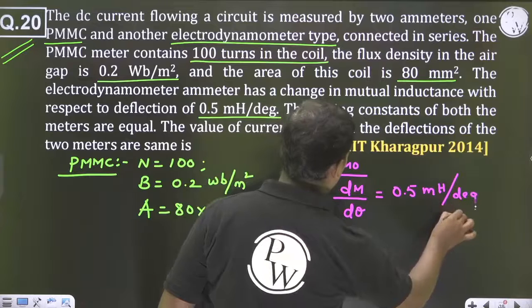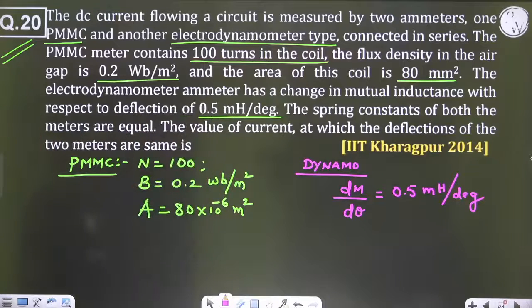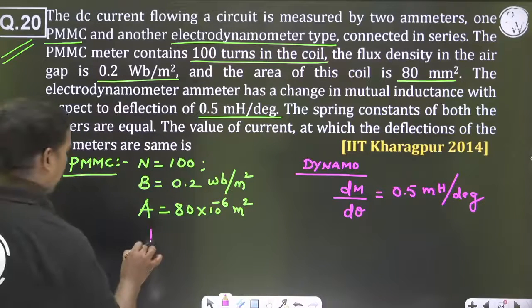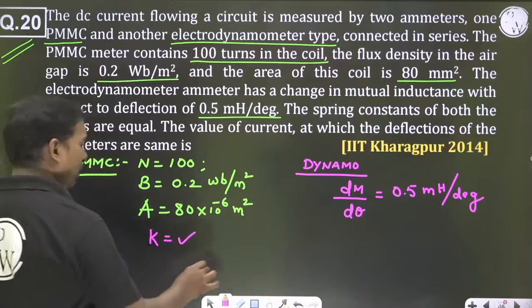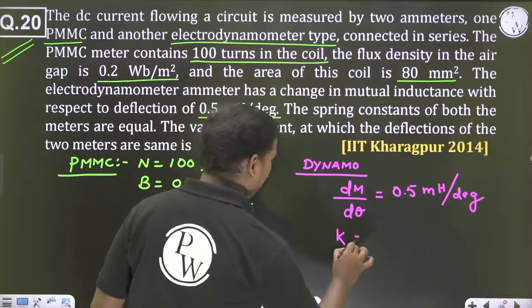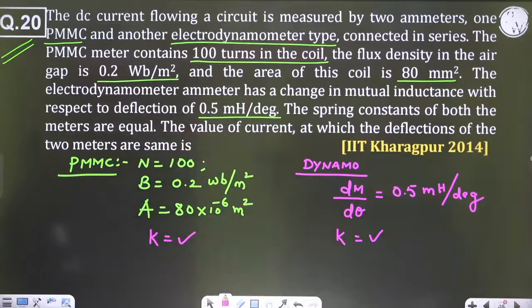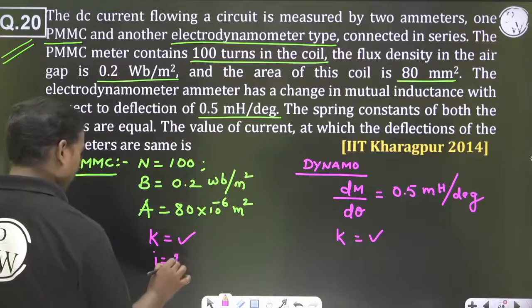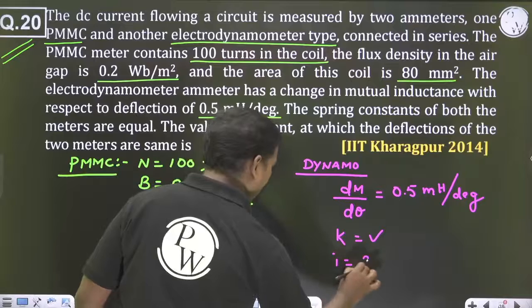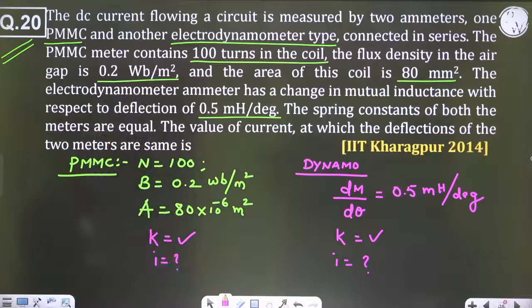The spring constant for both the meters are equal, so this and this are the same. What is the value of the current at which deflections are the same?